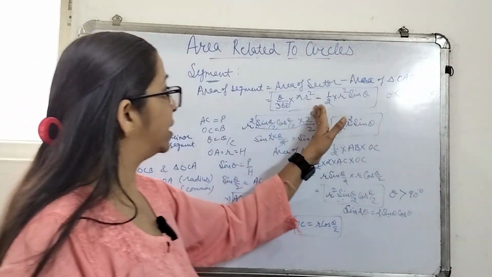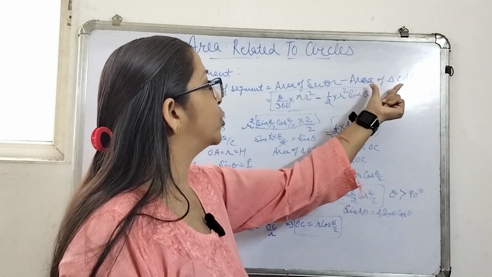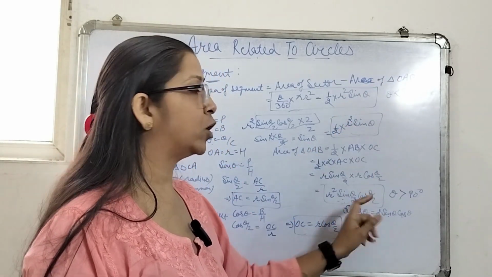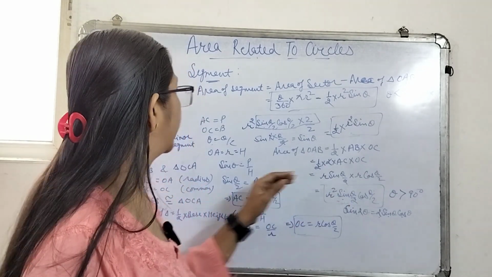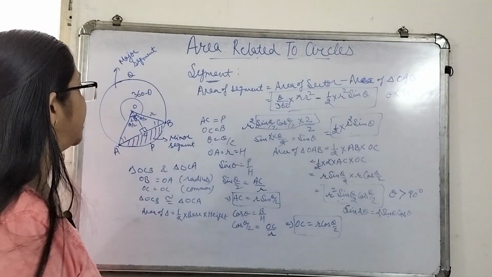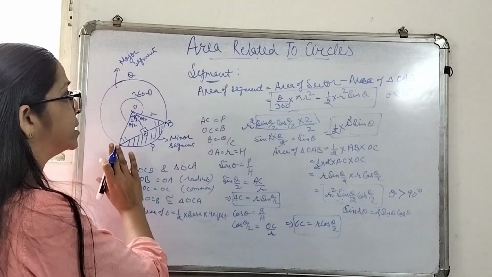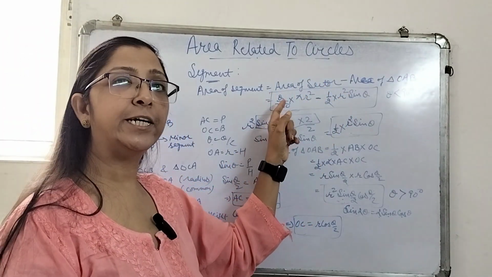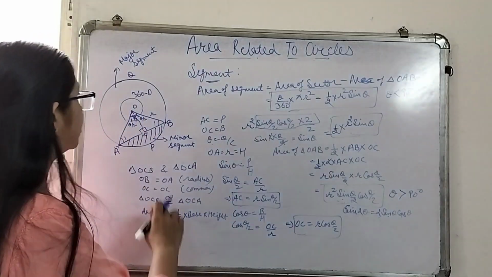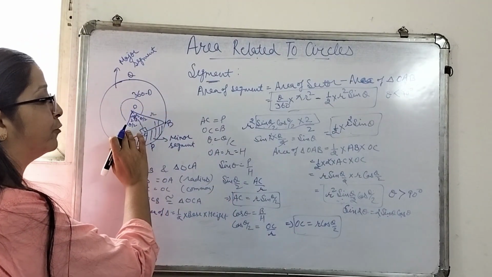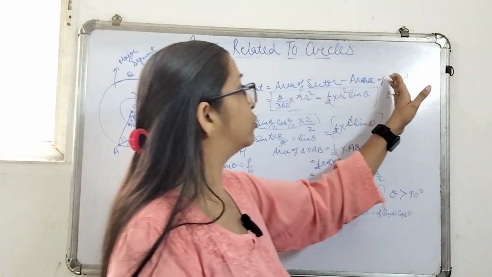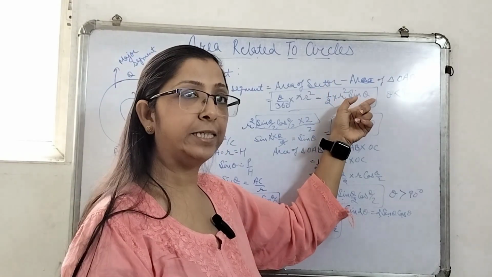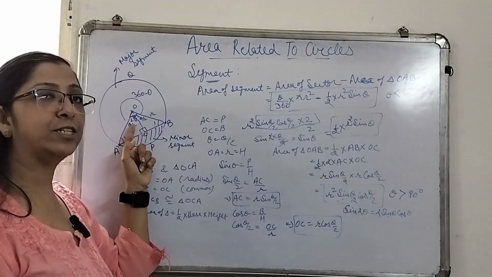And if theta is more than 90 degrees, we take the area of the triangle as r square sine theta by 2 cos theta by 2. That means we first find the area of the sector, theta over 360 into pi r square, and then subtract the area of this triangle, which can be written as 1 upon 2 into r square sine theta, where theta is your central angle.